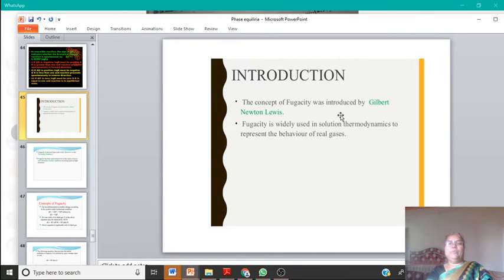The concept of fugacity was introduced by the scientist Gilbert Newton Lewis in 1901, and fugacity is widely used in solution thermodynamics to represent the behavior of real gases.